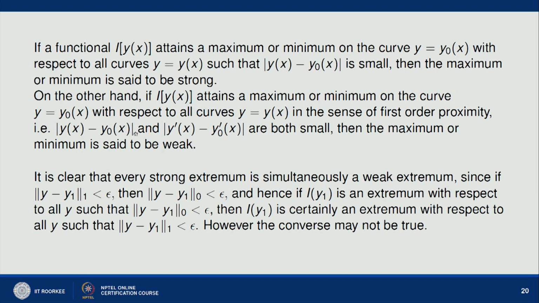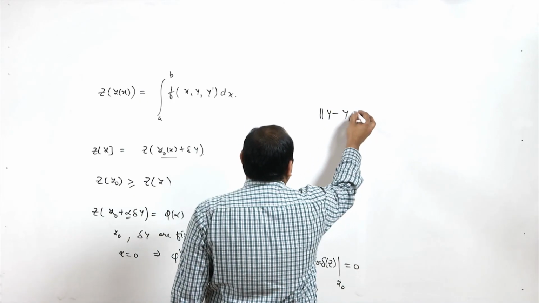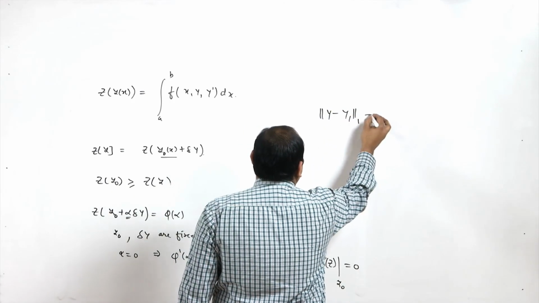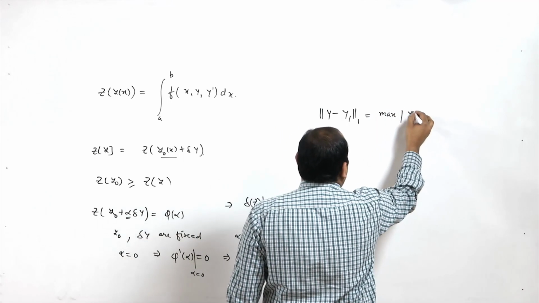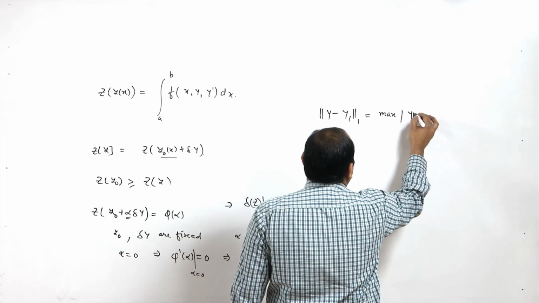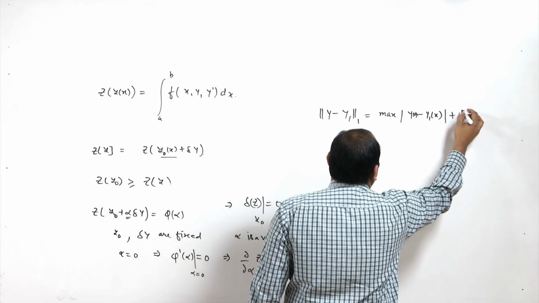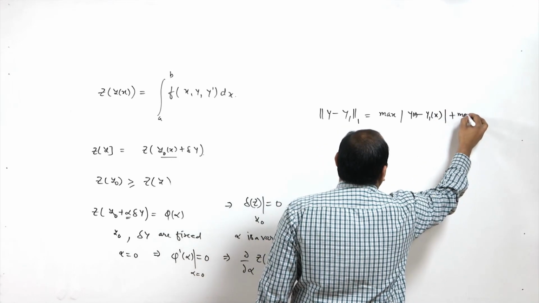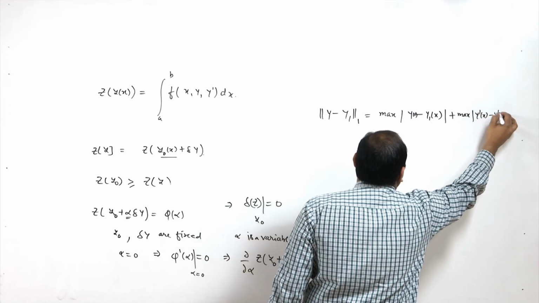Here we have defined the norm of y minus y1 as the maximum of the modulus of y of x minus y1 of x, plus the maximum of the modulus of y dash of x minus y1 dash of x.